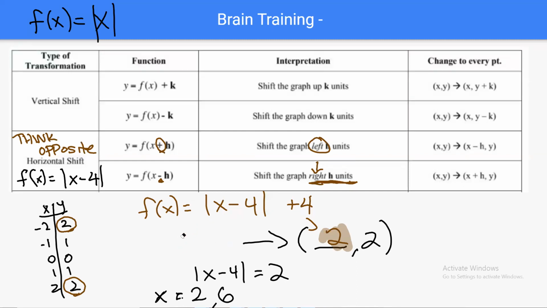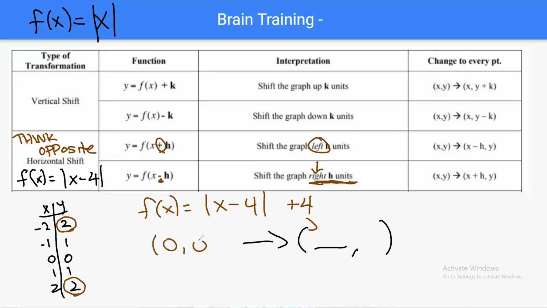Let's try the same thing with 0, 0. I'm going to erase all of this because I only have 1, 0. 0, comma 0 led me to blank, comma 0, right? So if I have the absolute value of x minus 4 needs to equal 0, what does x equal?